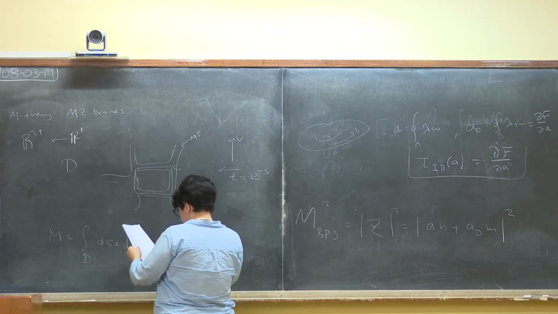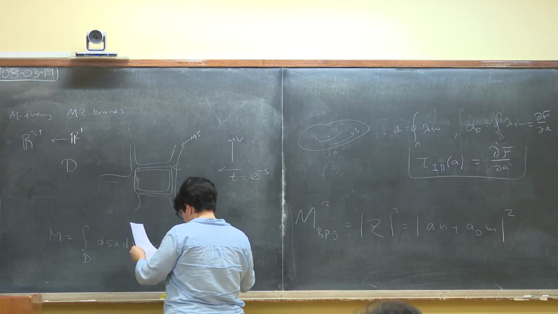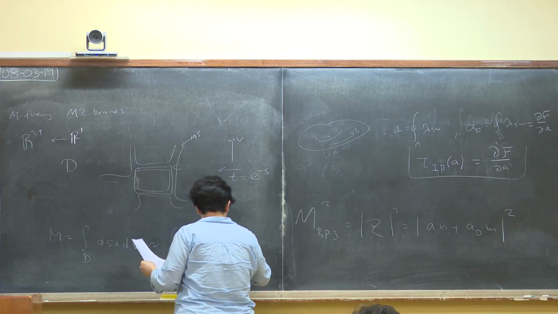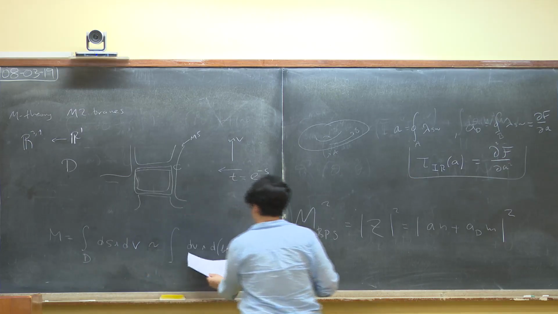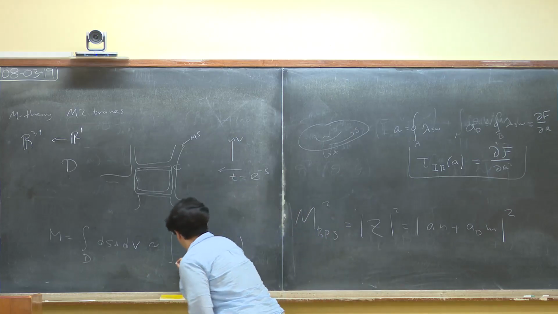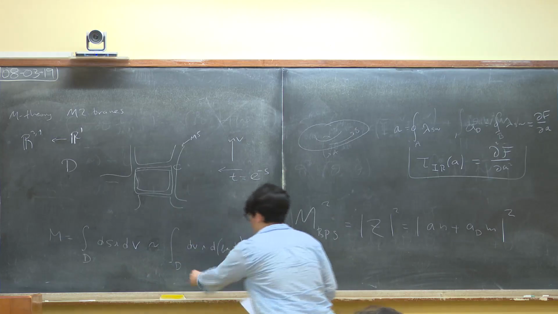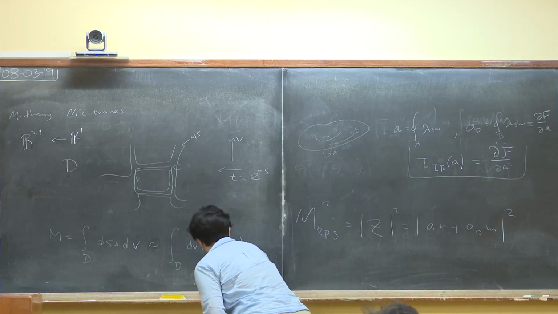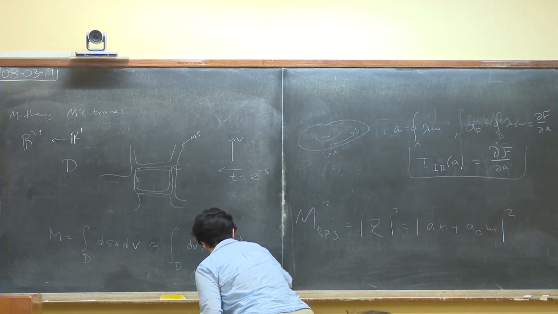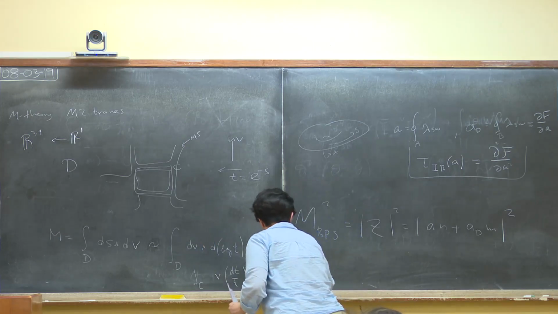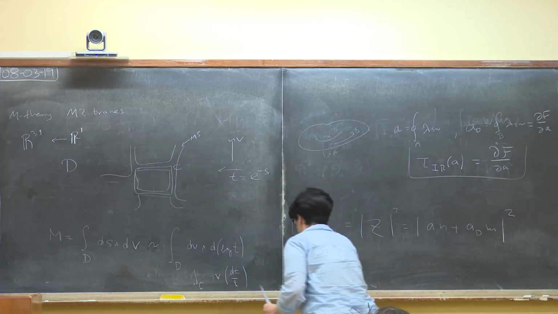So we will have the dV, and now I can write the ds like this. Of course, then I have to do an integral over the curve. I can pull out the V dt divided by t, and this is what we call the Seiberg-Witten differential.